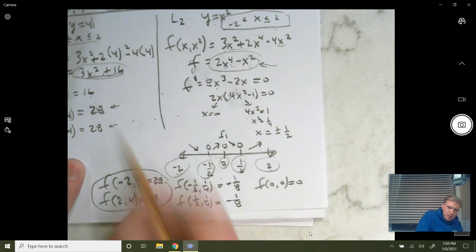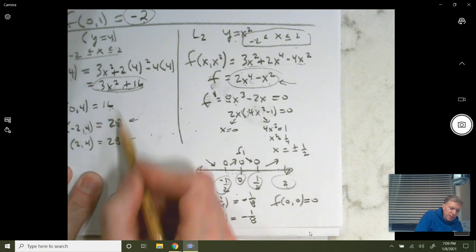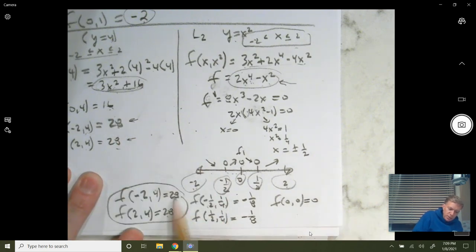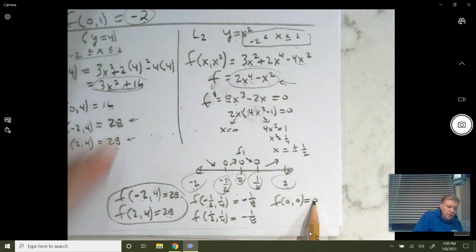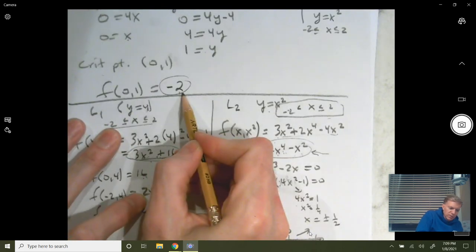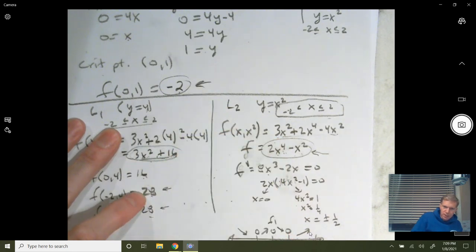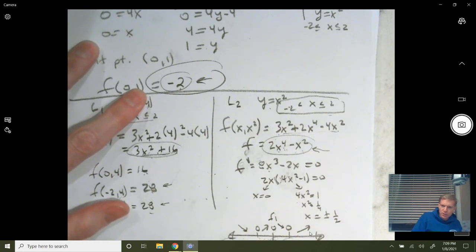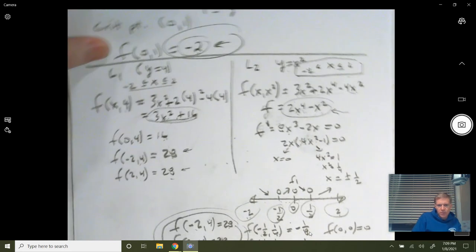We have to test all these places. We had the 16, the 28, the 28, the 28, the 28, the -1/8, the -1/8, and the 0. But don't forget, we also had this -2 that we found when we did the second derivative test. So this wins for the absolute min, and this down here wins for our max.